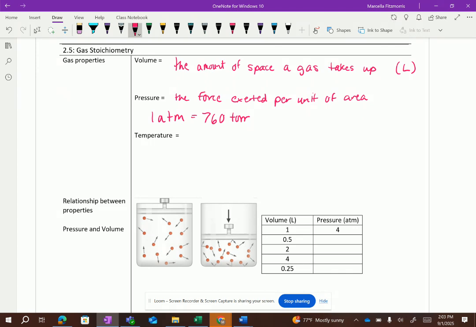Okay, temperature, definition, is the average kinetic energy of the particles in a substance.